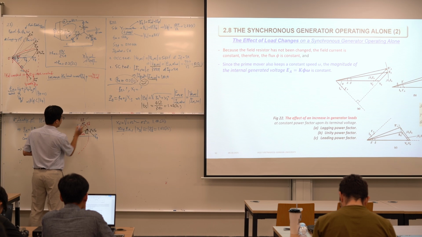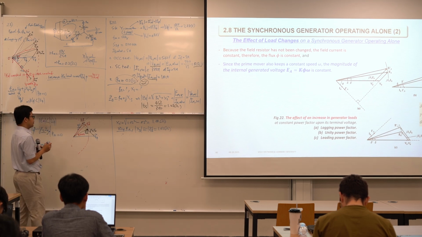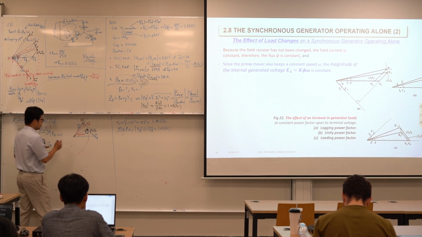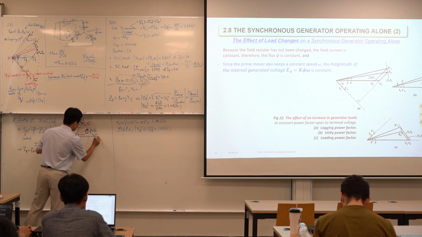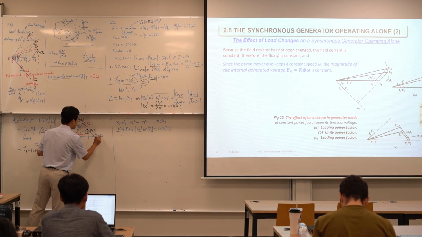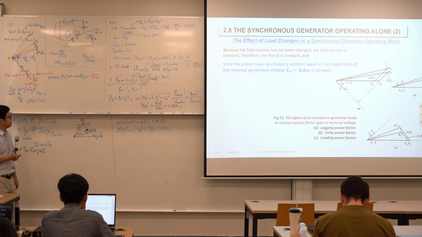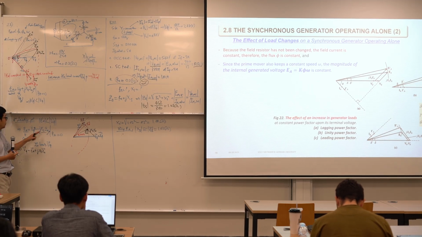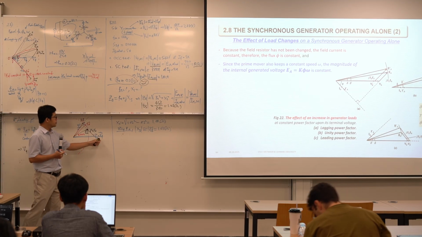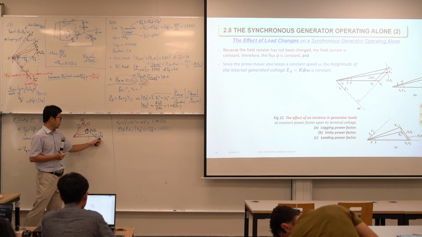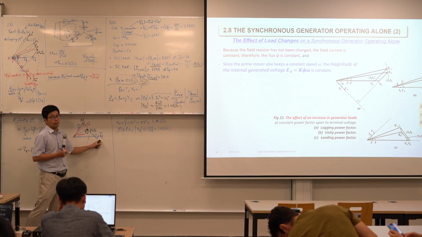Positive. Sorry, it's perpendicular. That's it. So now this is V phase over common. It coincides. The theory: when we increase IA, V phase increases to become V phase over common.